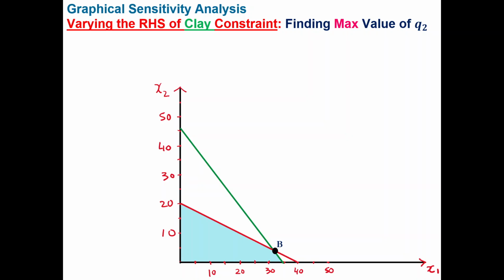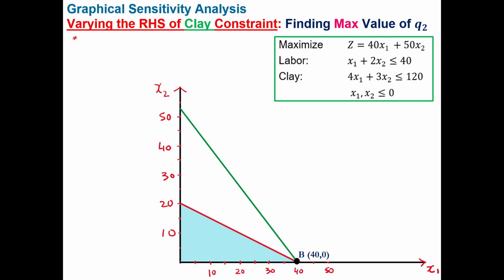Now if I move this line further away from the origin, I will end up at this point, and this point B is the maximum point, and it is still in the feasible region. This is a very important requirement, and now this still ends up in the feasible region. So I can find here the maximum range of the clay, q2 max, and this is happening at B (40, 0). Putting 4 x1 is 40 plus 3 into 0 is equal to q2 max.